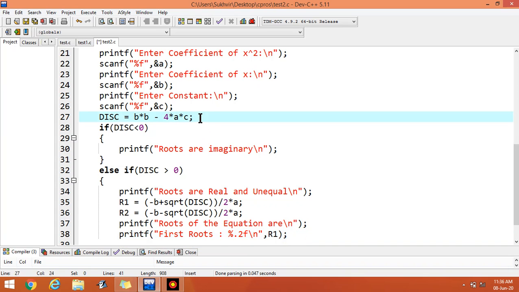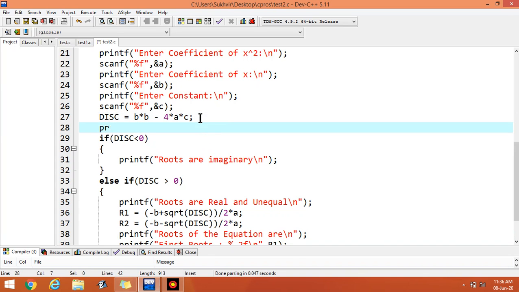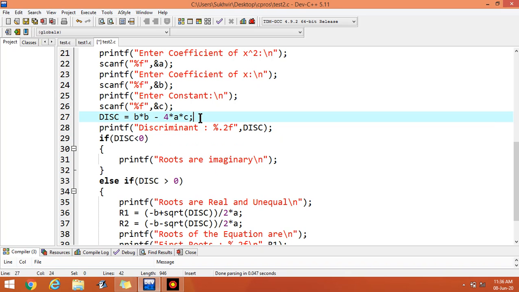One more thing you can do is print the value of the discriminant also, percentage point 2f, then DISC. You can print the value of the discriminant before executing the if else statement or decision statement.